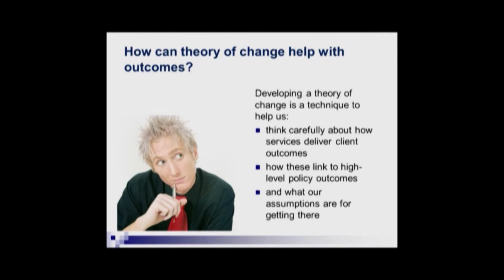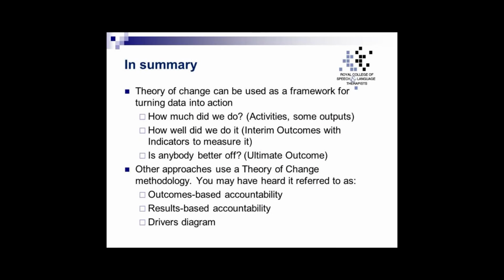How can we evaluate our theory of change? The first step is creating a theory of change, and once you have a model, it's much easier to analyse what measures we need to put in place to know that we are actually achieving these outcomes.